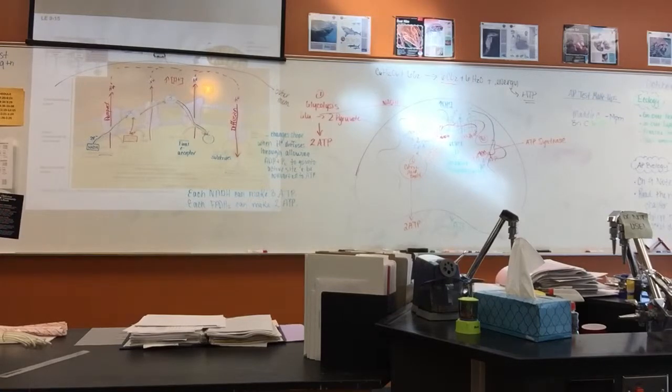Okay, and there's even more than that. Well, it would be 6 times 3, and then FADH2 times only 2, because they can only make 2 ATP, don't combine.